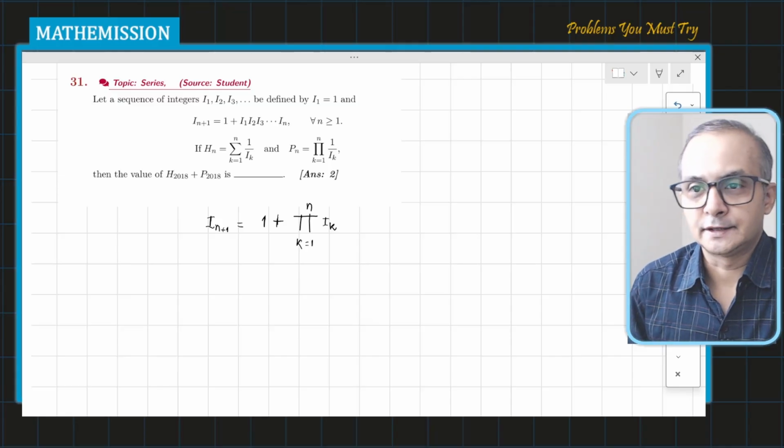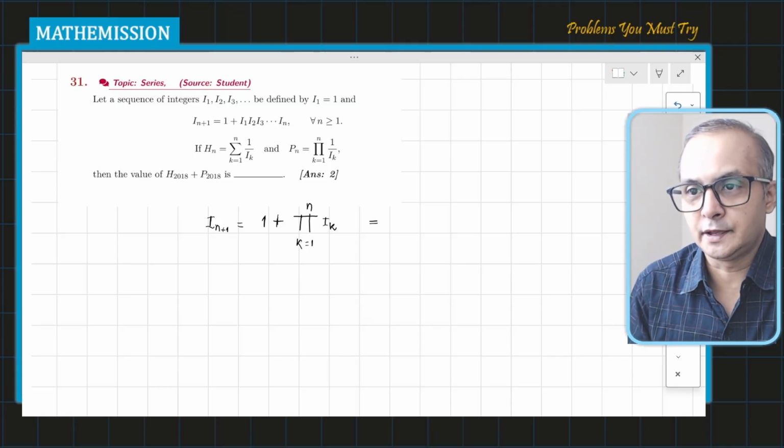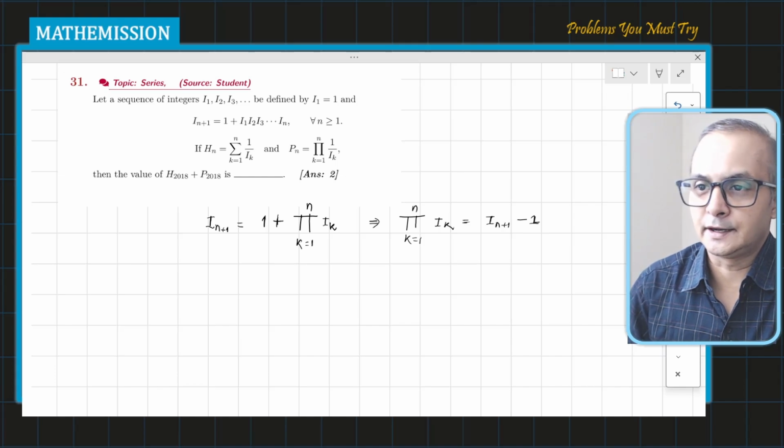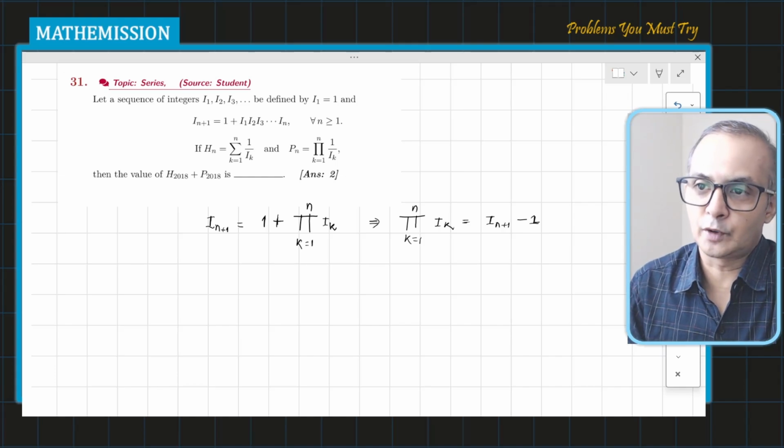Now you notice that I can write from here the product, k goes from 1 to n of Ik, is equal to In plus 1 minus 1.